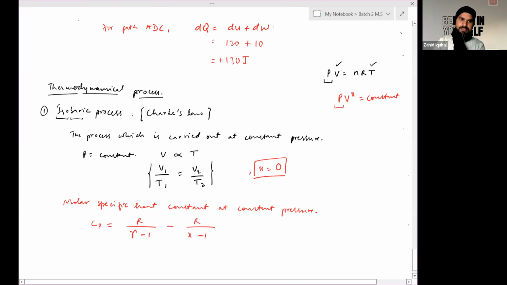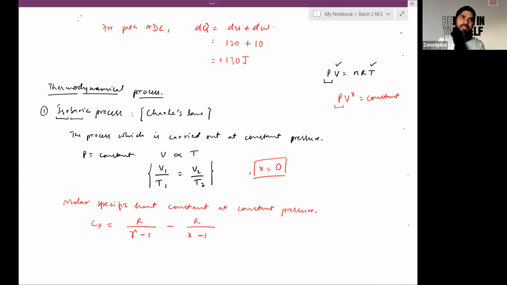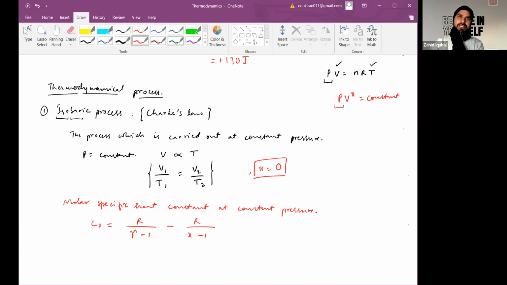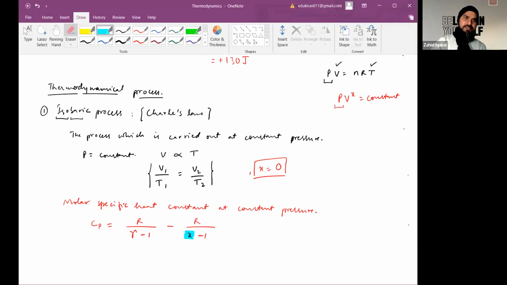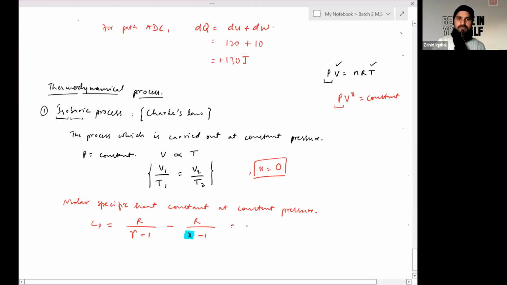So let's say C subscript P, or Cp, is the molar specific heat at constant pressure. The value of X related to this process is 0. If you put X to be 0 in this expression, minus and minus will cancel out. So you're left with gamma times R by gamma minus 1. On converting the value of gamma in terms of degrees of freedom, you may write (1 plus F by 2) multiplied by R.